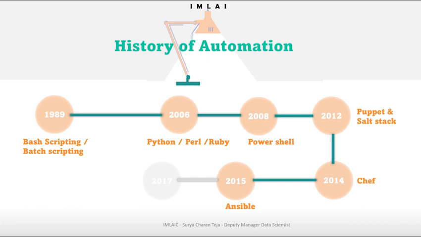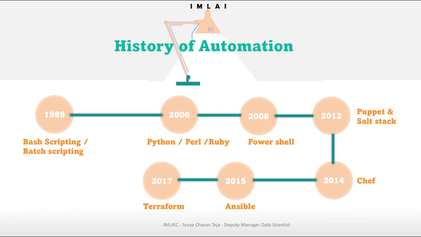And also we have Terraform and CloudFormation, which are mostly cloud automation tools. Basically, Terraform is specifically meant for cloud automation. Now with Ansible you can do cloud automation too, but Terraform is a more cloud-specific automation tool.